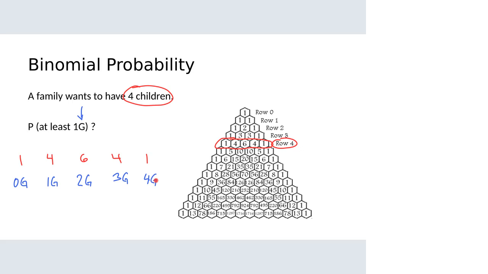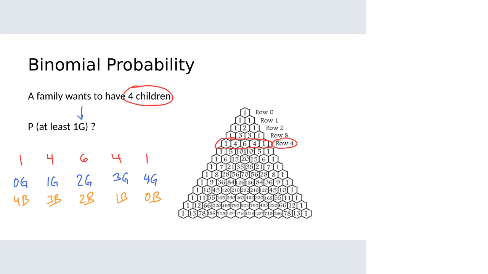If you want to be extremely explicit in your labeling, you can, even though you don't really have to. I tend to like to go ahead and put this on there too, just in case, I'm not sure what the question's going to be about. I'm not sure how many questions there are going to be. If they have no girls, then that means they had 4 boys, 3 boys, 2 boys, 1 boy, and no boys. And this is the number of ways that that could happen. That's what that shows us.